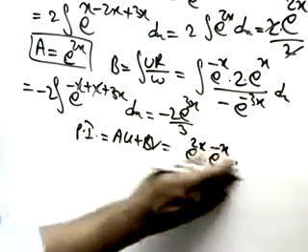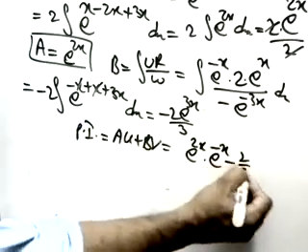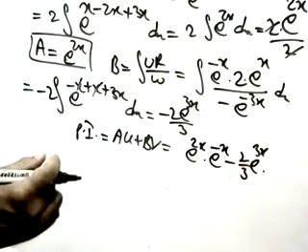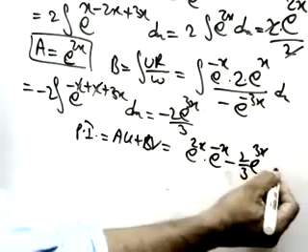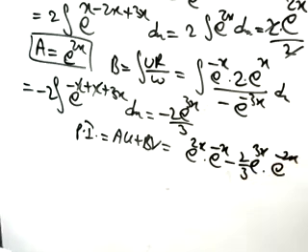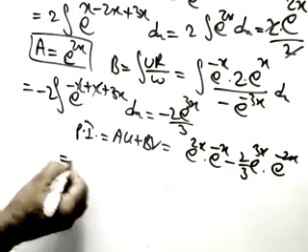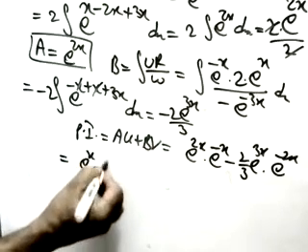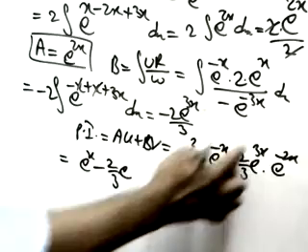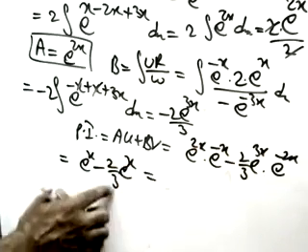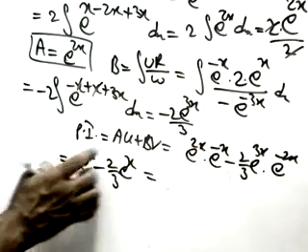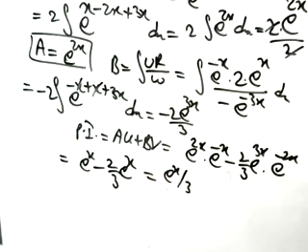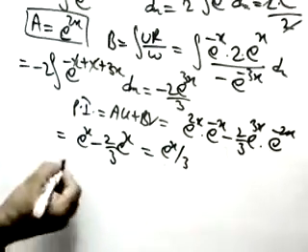Plus B, the value of B is minus 2 by 3 e power 3x, into the value of v, which is e power minus 2x. You see here the bases are same. If you add the powers, 2x minus x will be x: e power x. Minus 2 by 3 into e power (3x minus 2x), that is x. Take LCM 3: 3 e power x minus 2 e power x will be e power x by 3. So this is the particular integral.